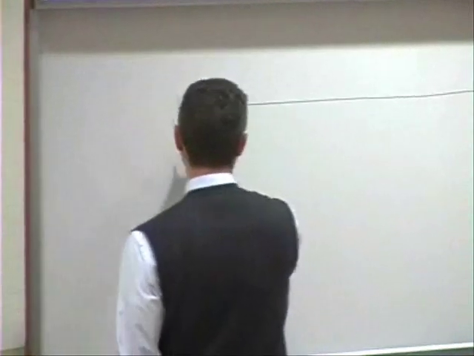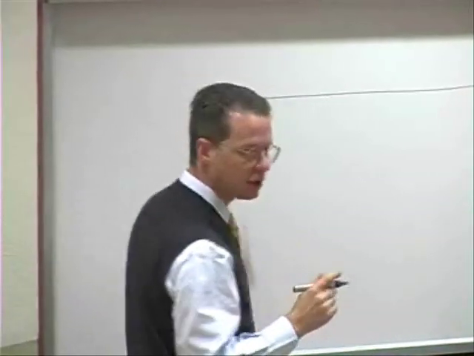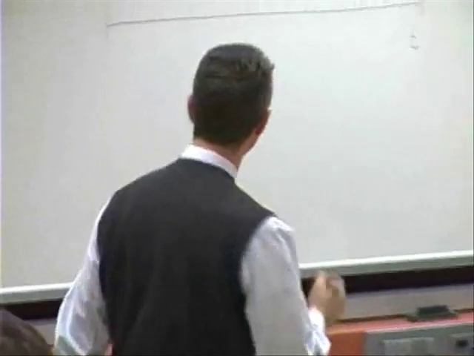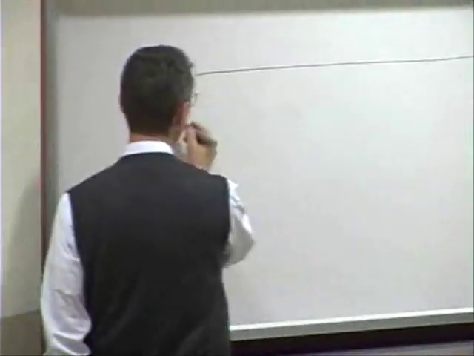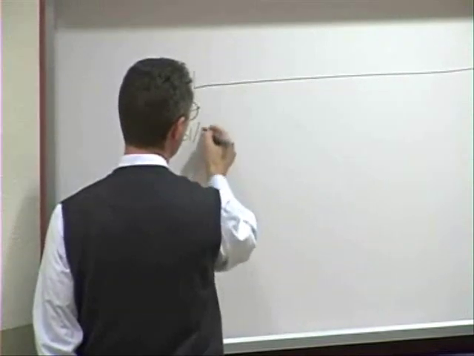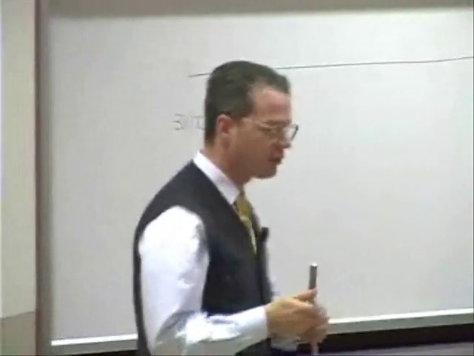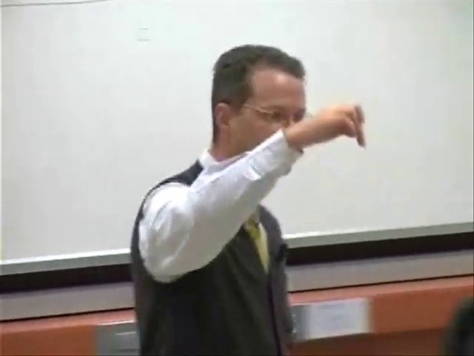So let's start with the commercial operating date, the first year of operation. Suppose that the first year of operation is 31st December 2007. 31st December 2007 is the moment where we must calculate this second ratio.